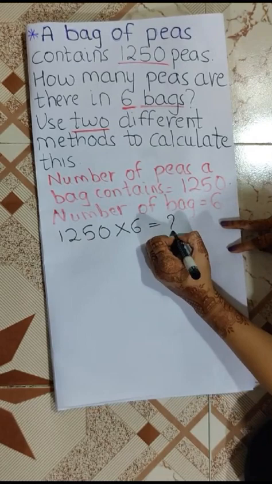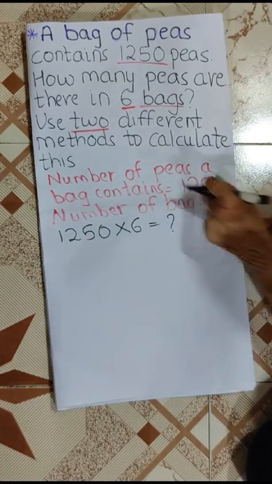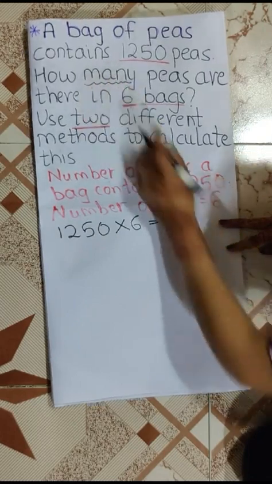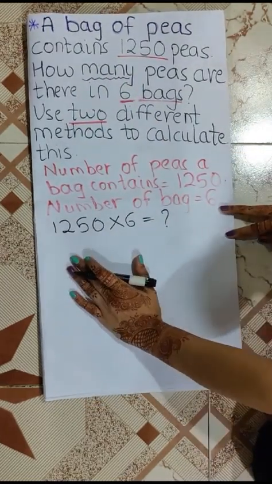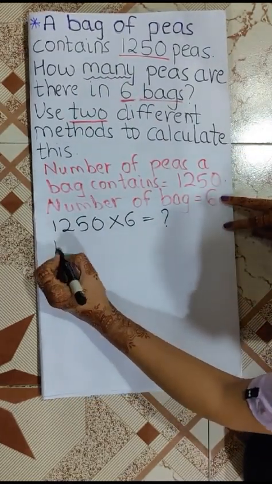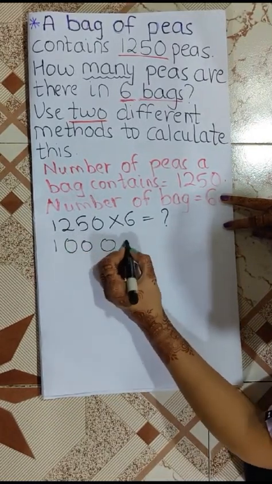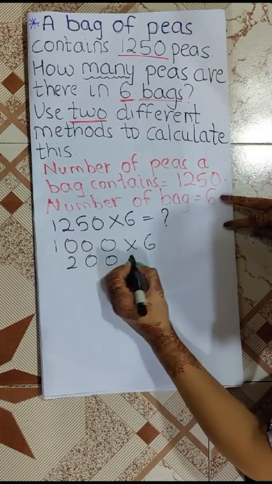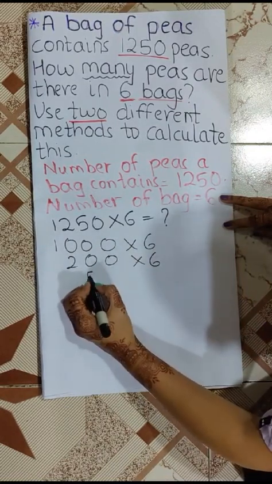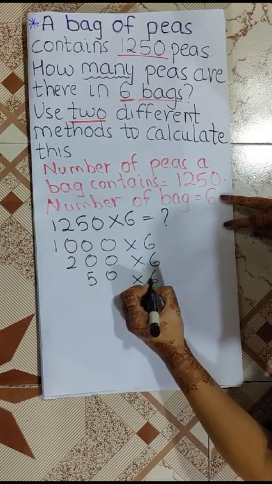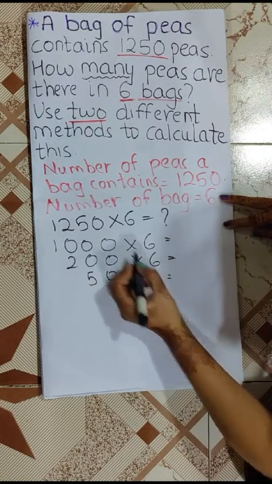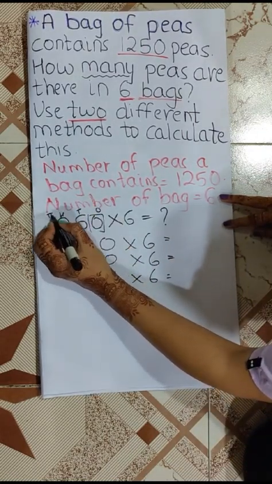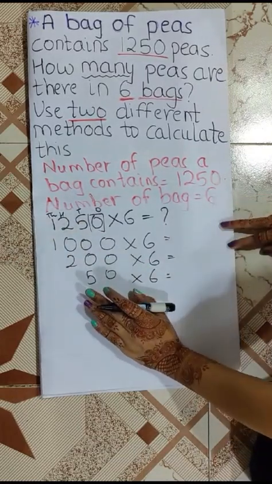1250 is how much, right? Because they are asking different methods and how many. How many is my multiplication keyword. Okay, so let's go ahead. 1000 times 6, 200 times 6, 50 times 6. As we saw in our first example, since 0 is here, ones, tens, 100, I can just come to tens.